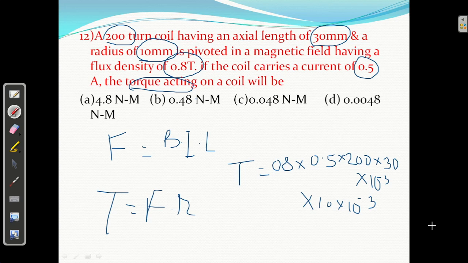BIL: 0.8 into current is 0.5 into 200 turns into 30 into 10. 0.028 into 2, 0.048.